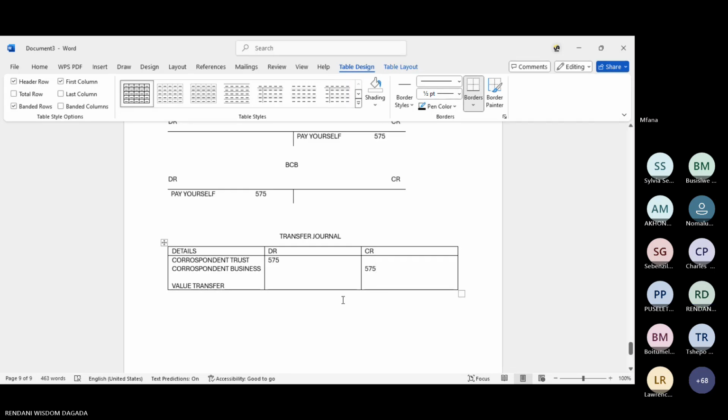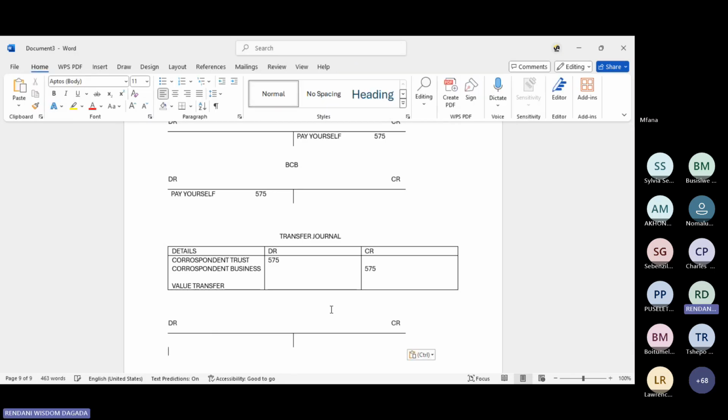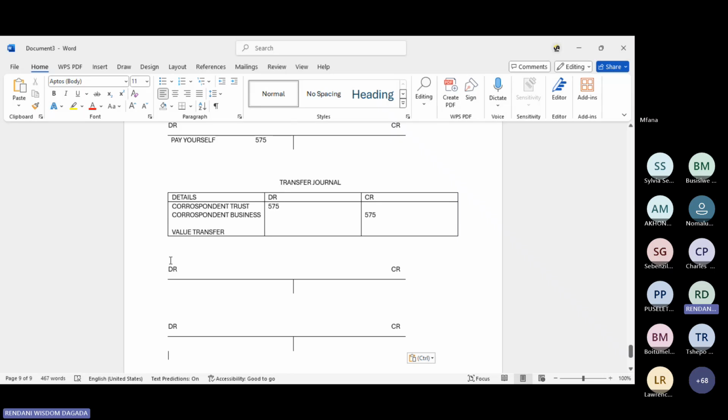Do double entry for that. Correspondent trust ledger, correspondent business ledger.